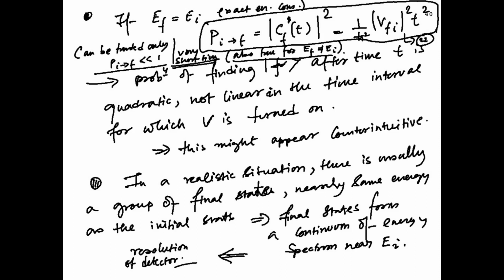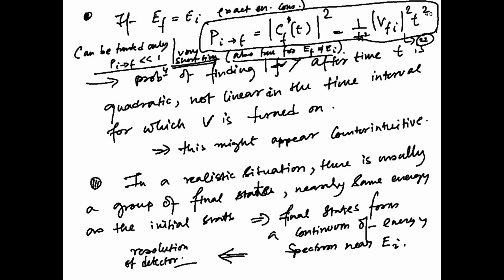So usually the transition happens from a state, usually also a group of states, to a final state, which is also another group of states, which have nearly the same energy as the initial state. So to compute the correct probability amplitude, which you can actually measure, first of all, this formula is correct, but it is peculiar, and unlikely that you are going to observe that in a practical problem. So let's see what you are likely to observe in a practical problem.